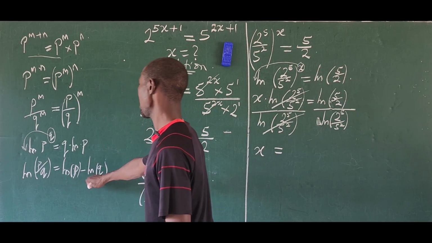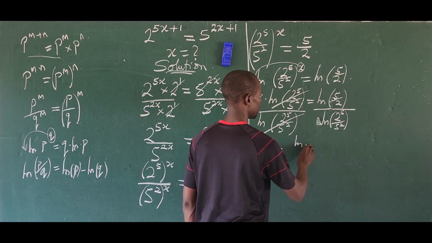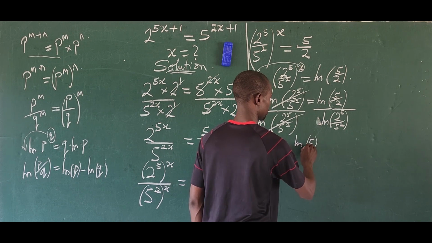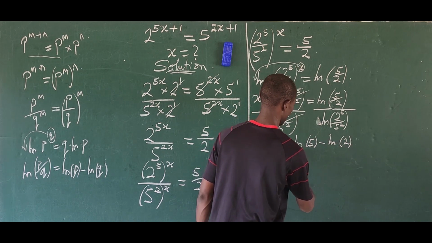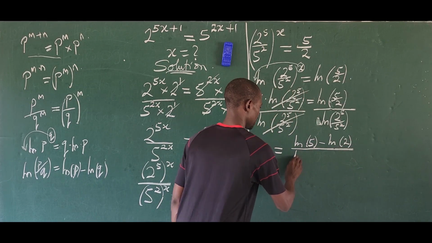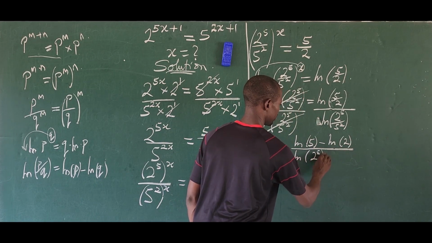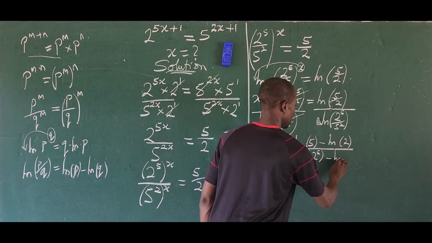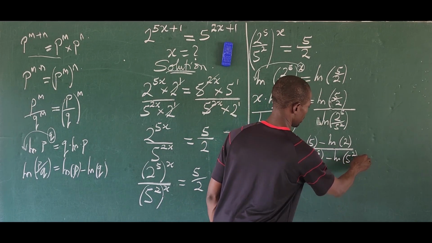So if we apply this rule, we're going to have the ln of 5 minus the ln of 2, all over the ln of 2 to the power of 5, then minus the ln of 5 to the power of 2.